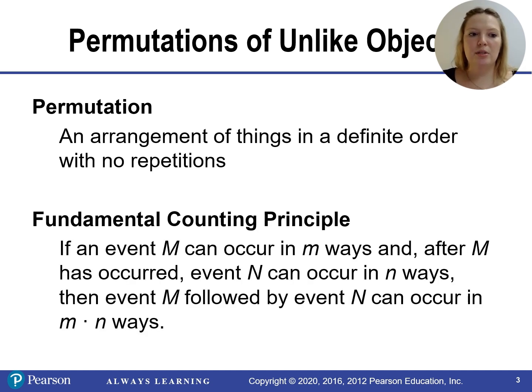We are going to use the fundamental counting principle to talk about counting the different ways that events could occur. So if an event M can occur in little m ways, after M has occurred, event N can occur in little n ways. So then event M followed by event N can occur in m times n ways.